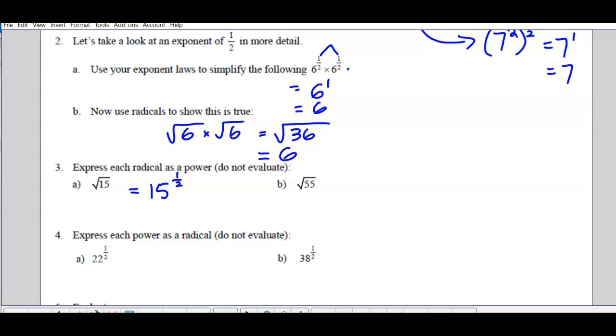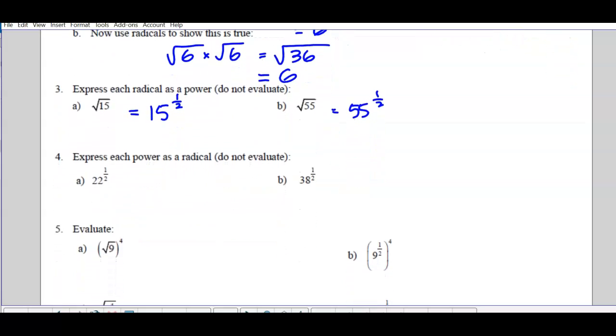Don't evaluate, you're just showing it in a different way. So this would be 55 to the 1/2. If that was a cube root, it would be 55 to the 1/3. Whatever the root is, that's the denominator of the fraction.